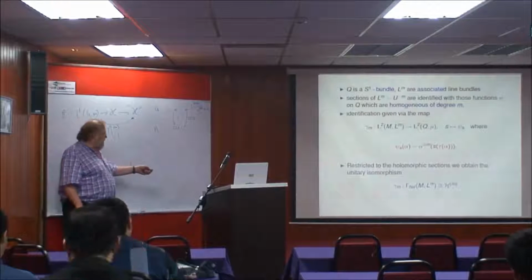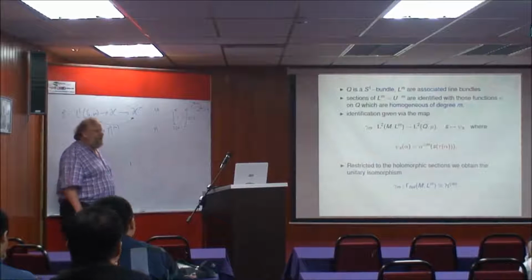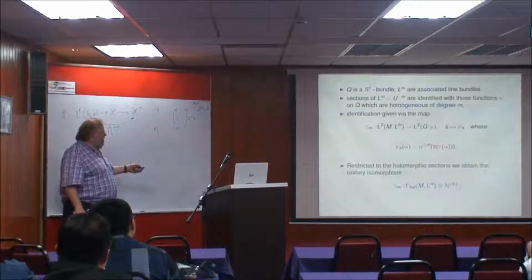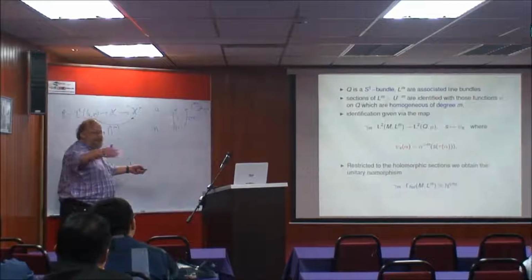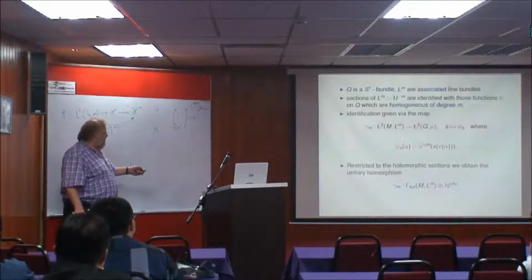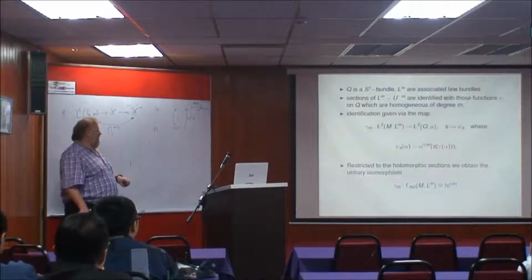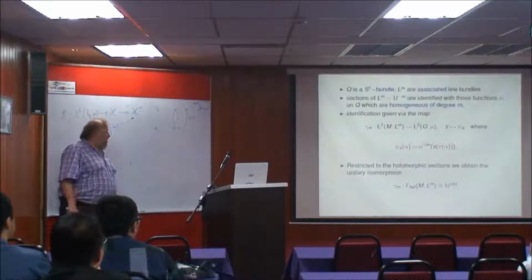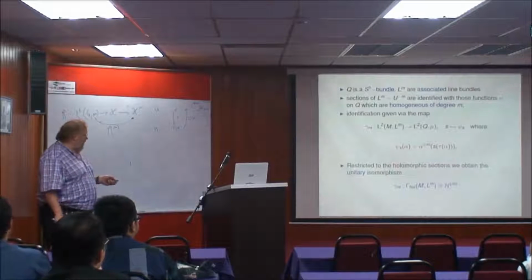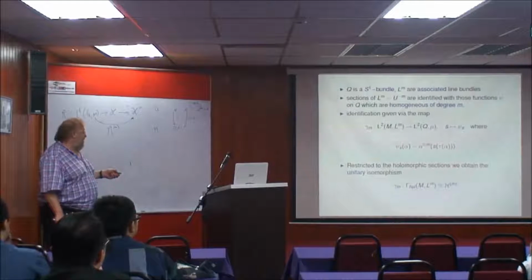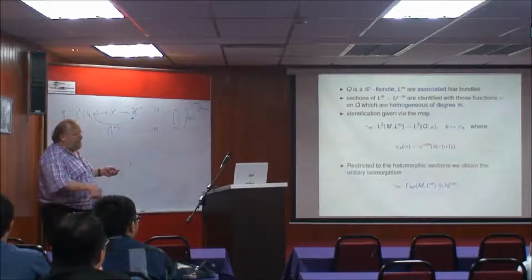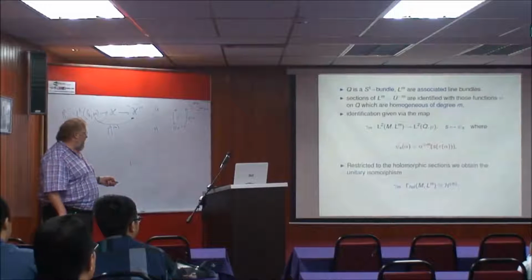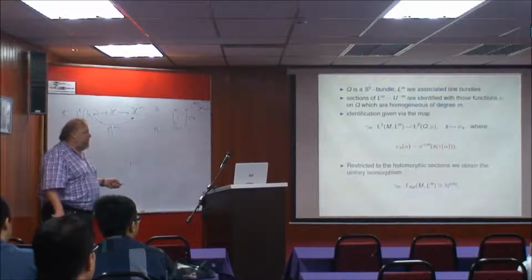This relation will show up again tomorrow, but I will repeat it. Here we fixed alpha and then assigned to a section a function: a section, then a value, and hence we get functions. Now, if we restrict ourselves to holomorphic sections, whereas before it was just L2, we obtain an unitary isomorphism.